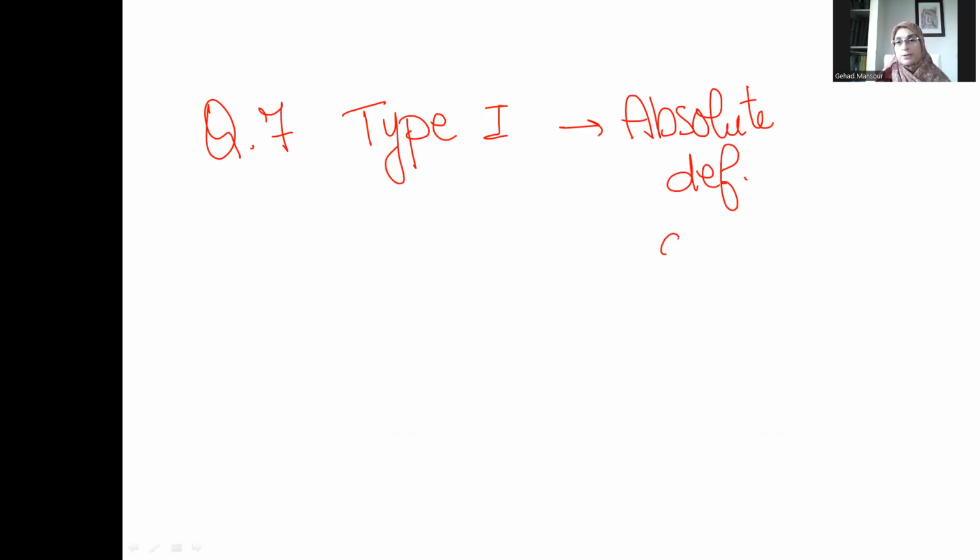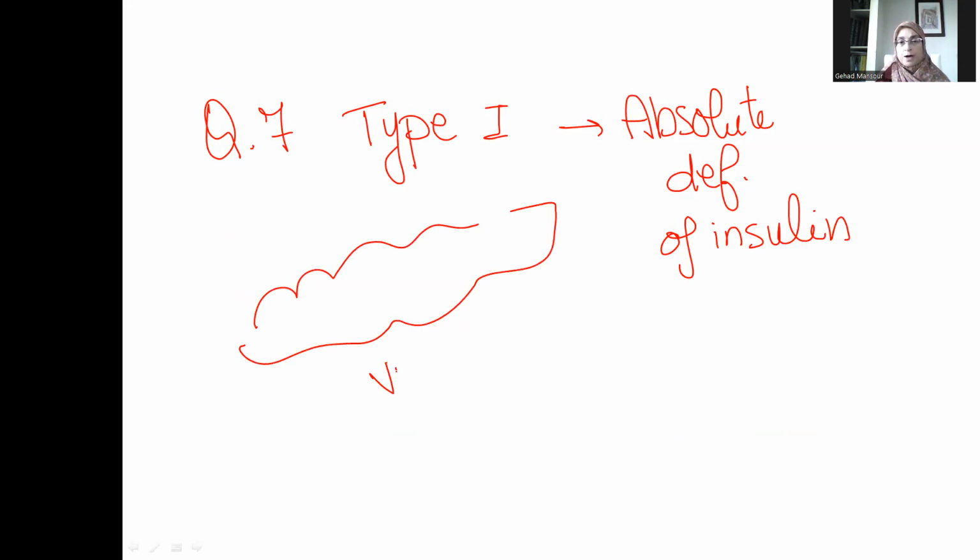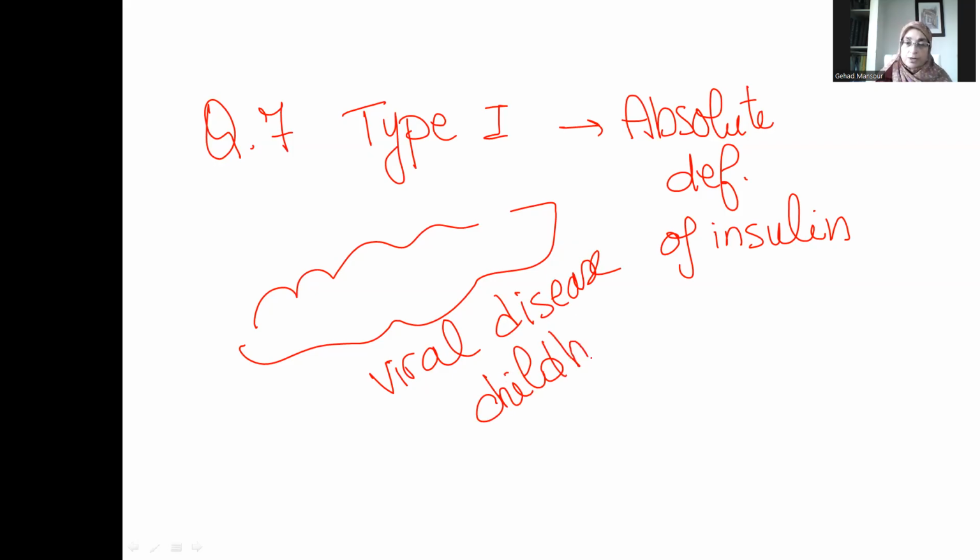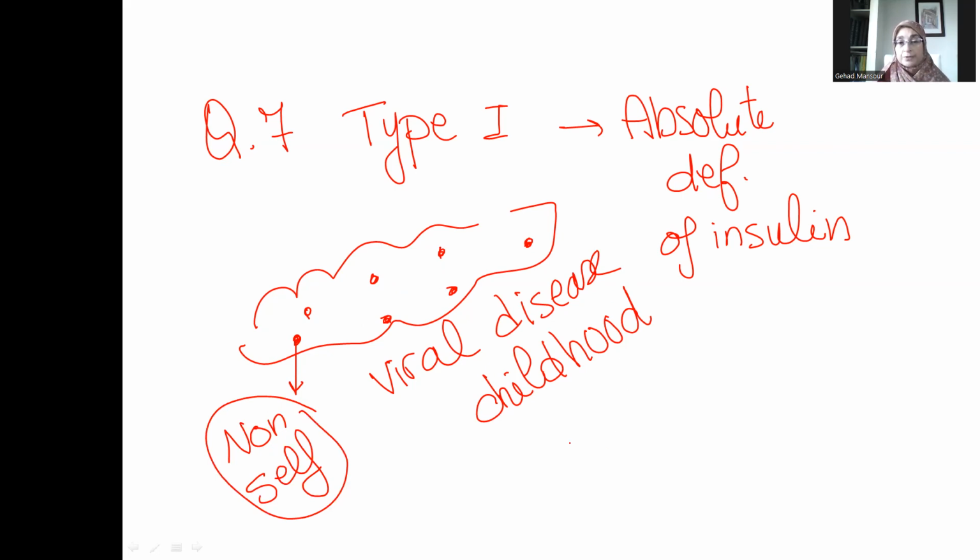So question number 7, in type 1 diabetes mellitus, there is absolute deficiency, meaning that there is no insulin secretion at all by the pancreas, because usually it results from a viral disease that occurs during childhood, and that viral disease subsides, but there are certain viral molecules that attach themselves to the cells of the pancreas, and therefore the cells of the pancreas, although they are your own cells, are now considered non-self cells, and they are attacked by your immune system.